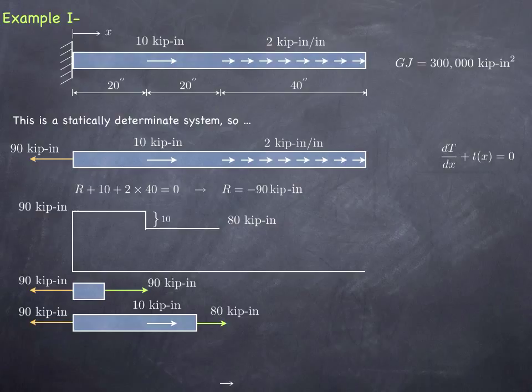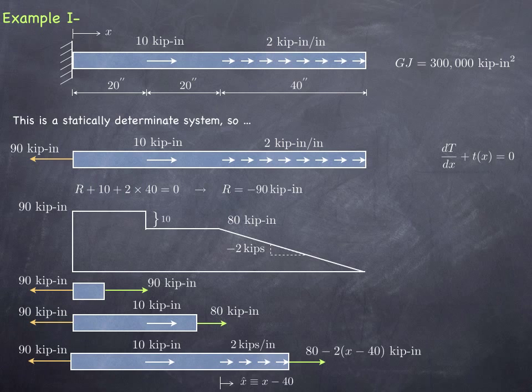Then I can cut a free body diagram at some arbitrary location, say of length x bar, into the third segment, and include all the uniformly distributed torques up to that point, which are all 2 kips per inch.